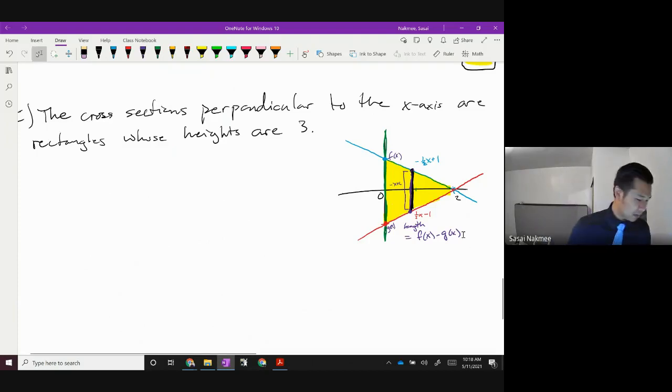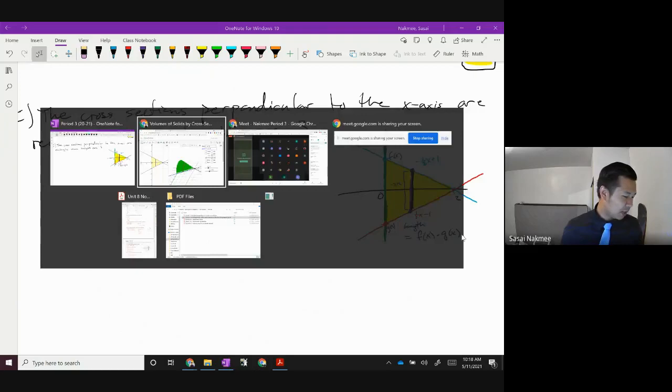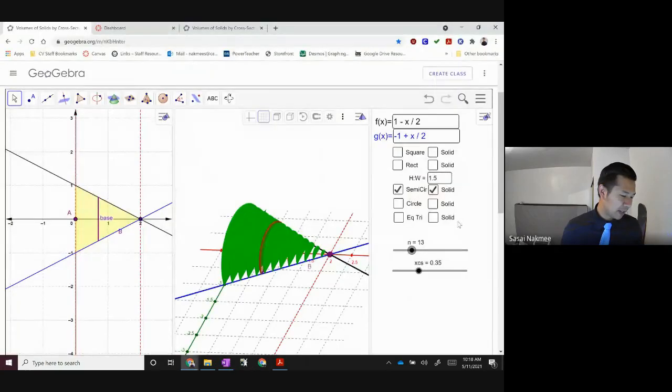Can you guys picture what that looks like in your mind? That line right there is popping out of the screen vertically straight at you, and if you tilt your head, you'll see that it makes a rectangle with a constant height all the way across of 3. I don't think this site will allow me to do a rectangle that has the same value.